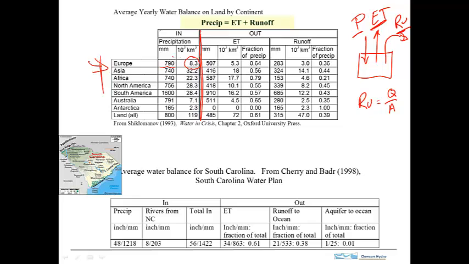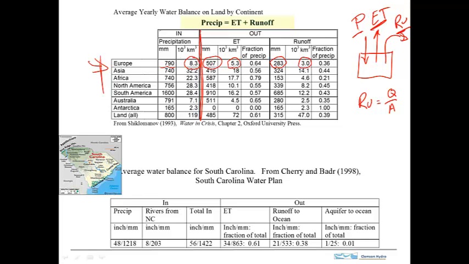And coming out, we have this volume of ET and this volume of surface runoff, or flow in streams. If we normalize those by the area, we get that many millimeters, that many millimeters.